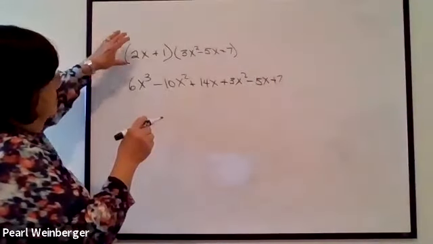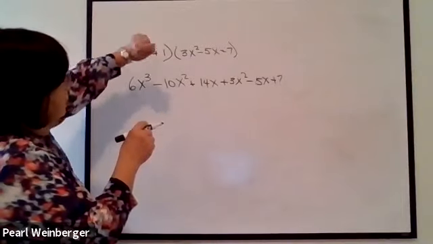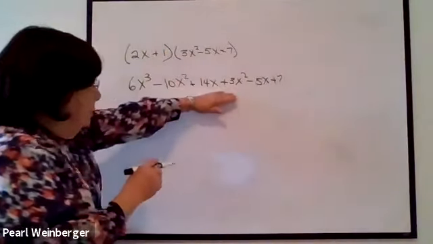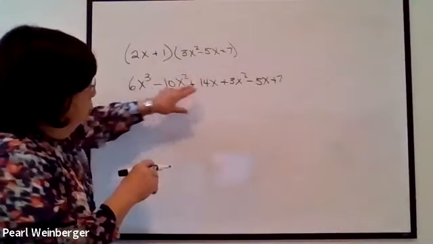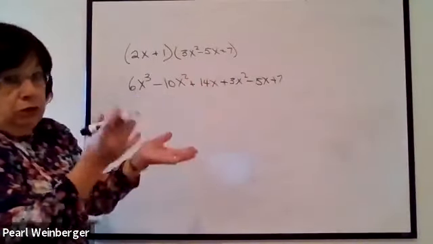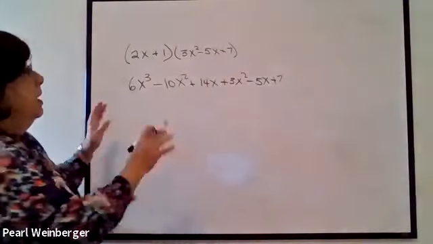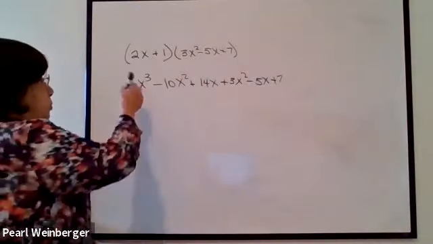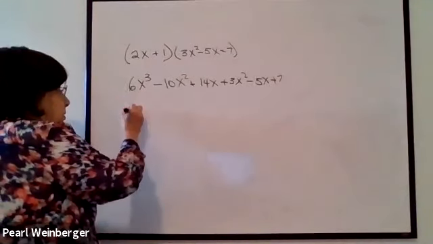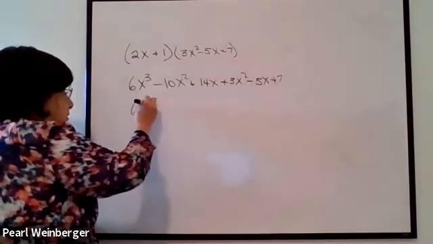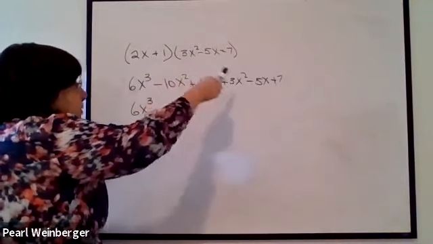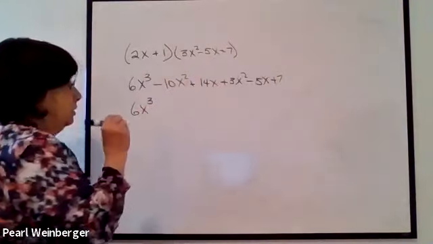In other words, I'm multiplying 2 terms here times 3 terms here, which means that I get a total of 1, 2, 3, 4, 5, 6 terms, 2 times 3. But I have to now look for any like terms. There's only this 1 x cubed, so that's 6x cubed. Then there's a negative 10x squared and a positive 3x squared.